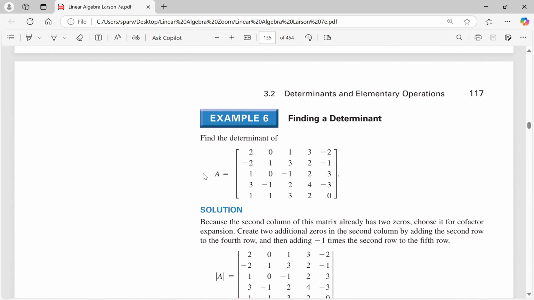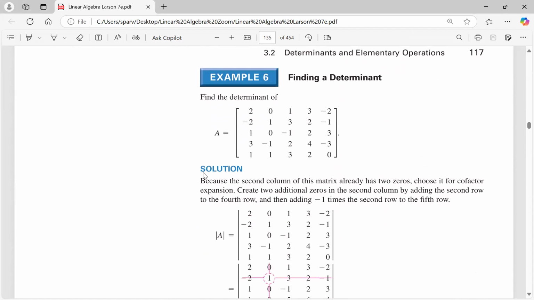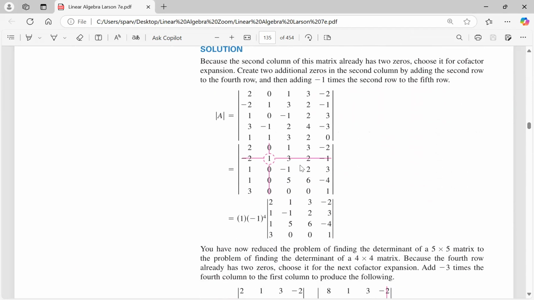Now, one thing, by the way. Let's say in this example 6, we want to find the determinant. Remember, the cost of doing cofactor expansion is going to be very high. For a 3 by 3 it's fine, but for a 10 by 10, it's millions of operations. So one thing we can do to help with this process is to do elementary row operations before we find the determinant.